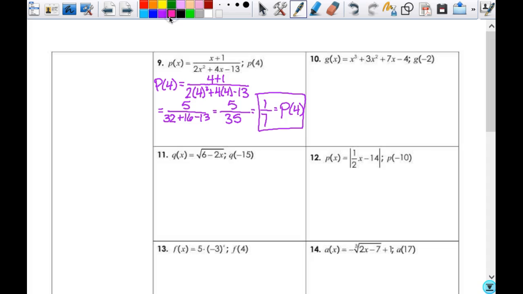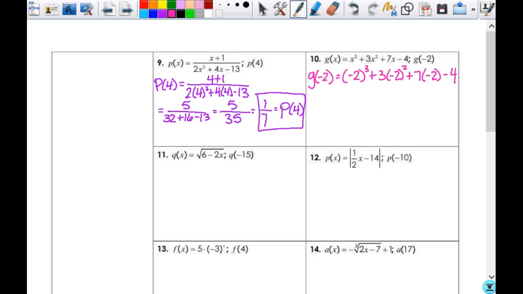All right, let's do this one. G of negative 2. So it's going to give me negative 2 cubed plus 3 times negative 2 squared plus 7 times negative 2 minus 1. When you cube a negative number, what are you going to get? A negative number.